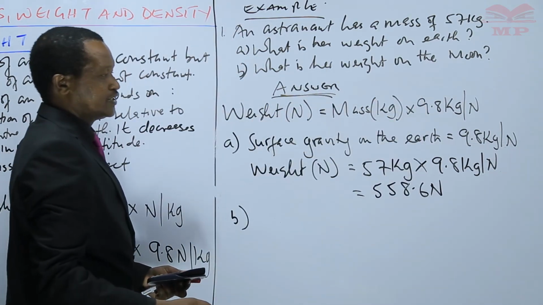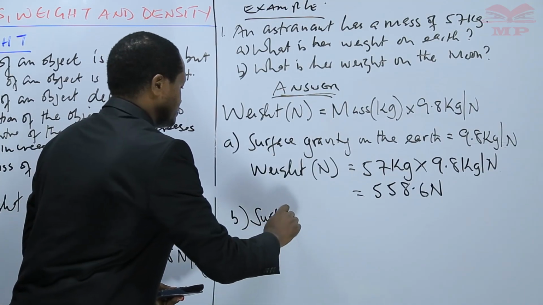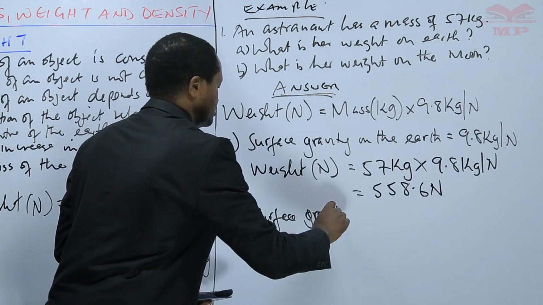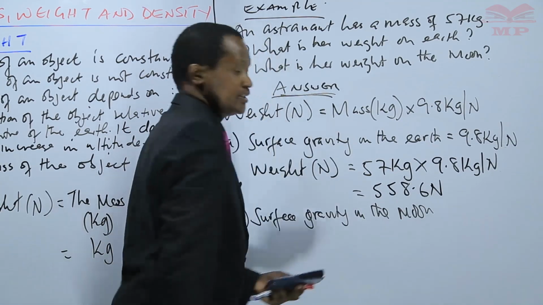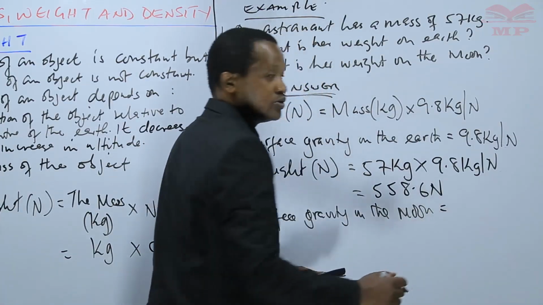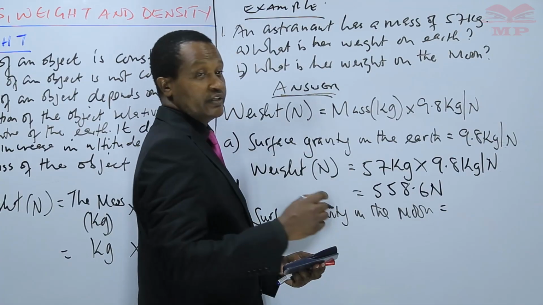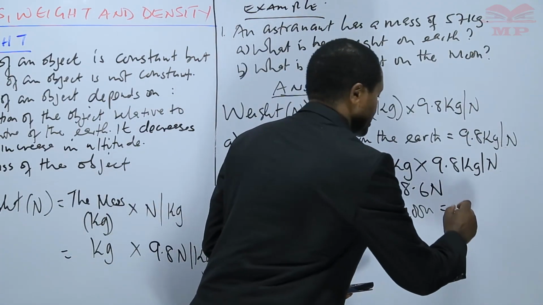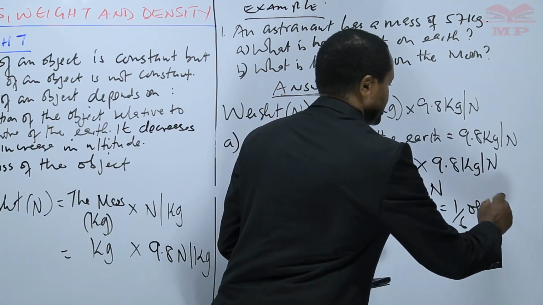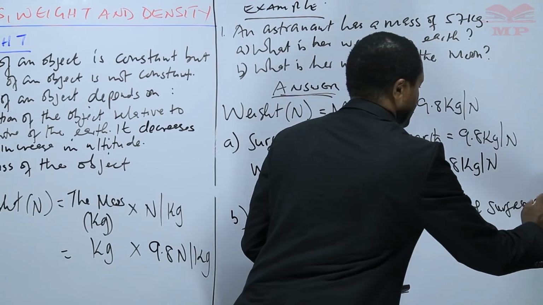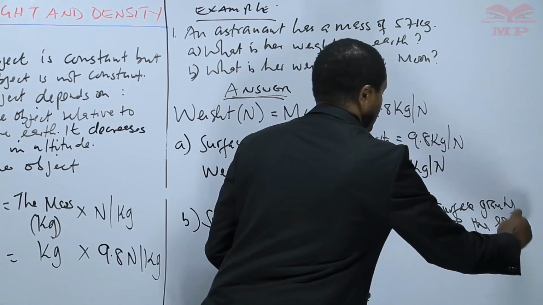So what is the surface gravity on the moon? The surface gravity on the moon, remember I said, is equal to 6 times less than the surface gravity of the earth, in other words, a sixth of the surface gravity of the earth.